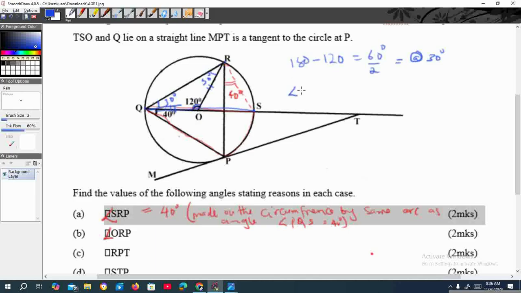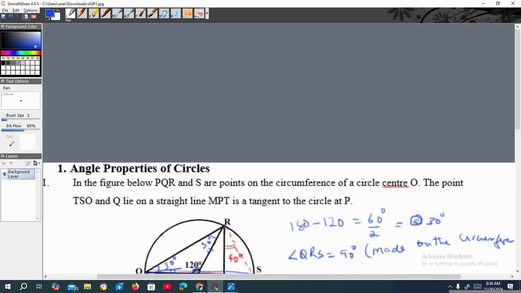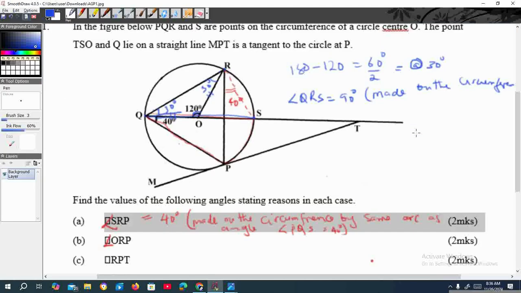So angle QRS is going to be equal to 90 degrees, so that it is made on the circumference by diameter QOS.